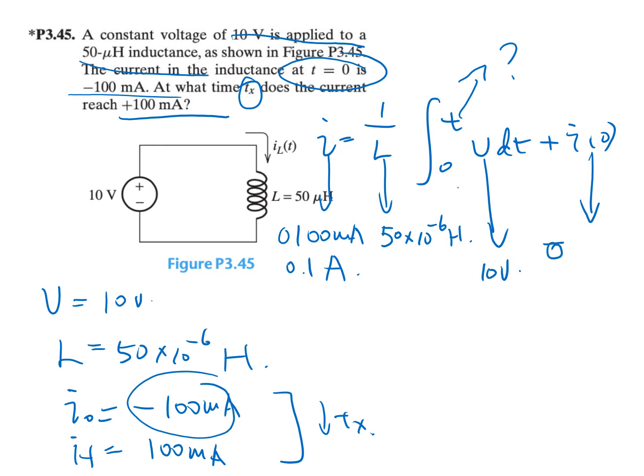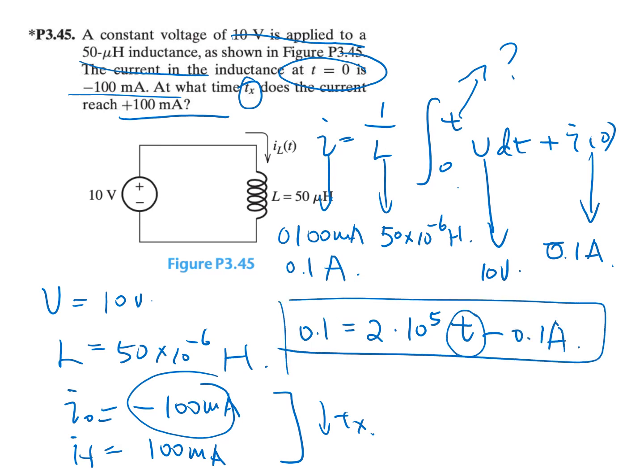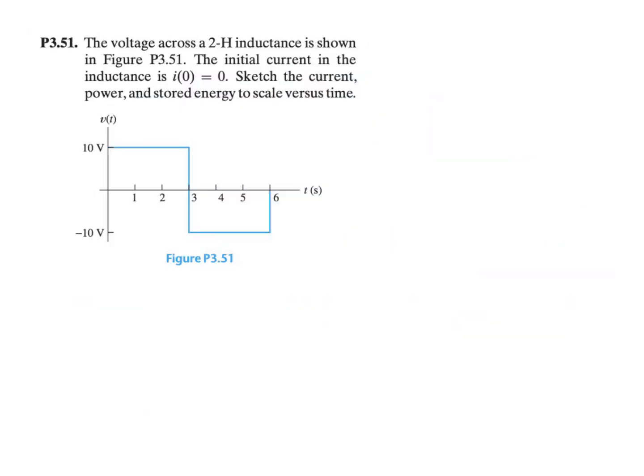That's 0.1 amp. So let's simplify this equation. We have 0.1 is equal to 2 times 10 to the 5 T minus 0.1 amp. And we can solve for T. Then we can get T is equal to 1 times 10 to the negative 6 seconds.